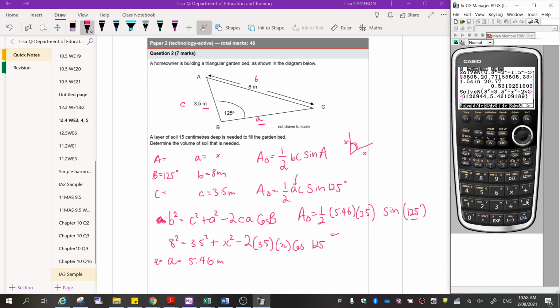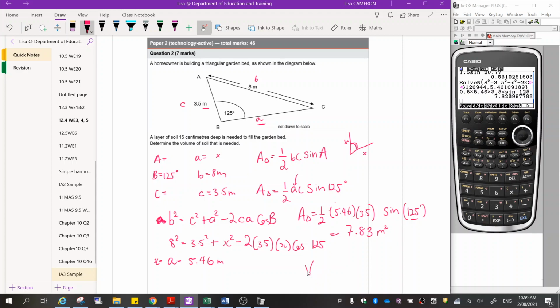Okay, so a half times 5.46 times 3.5 times sine 125 gives me 7.83, because the 6 will make the 2 go up, and that will be metres squared.